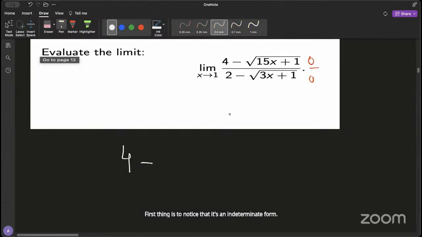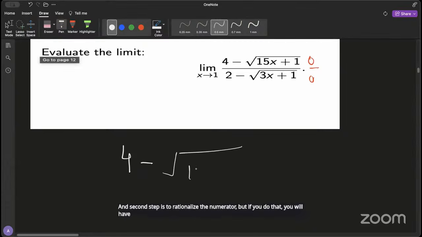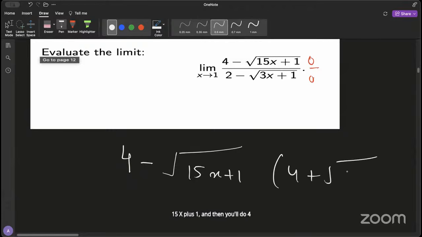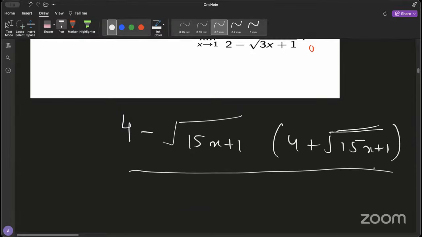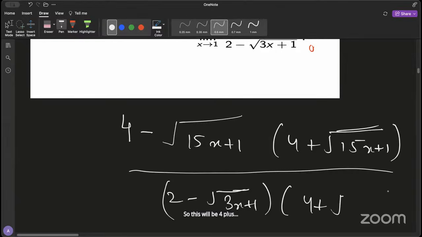Second step is to rationalize the numerator: you multiply by 4 plus square root of 15x plus 1, and then you do the same in the denominator.